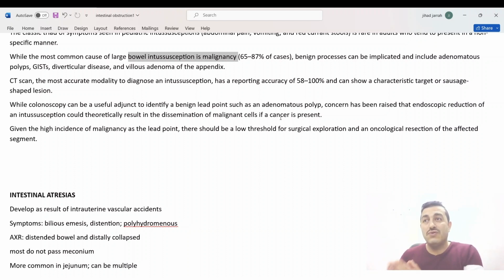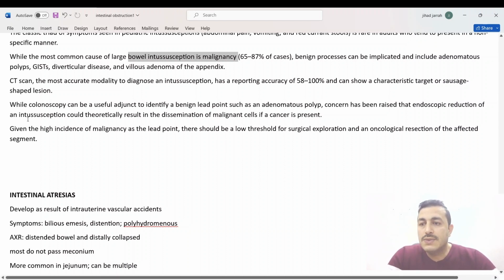In adults, no, we proceed to surgery, and usually we do not release the obstruction because theoretically these are malignant tumors, and with reduction of the intussusception, or with attempts to reduce them by air contrast or pneumatic reduction, this will lead to spread of the toxic material, so it's preferred to do resection without reduction. This is what is meant here.